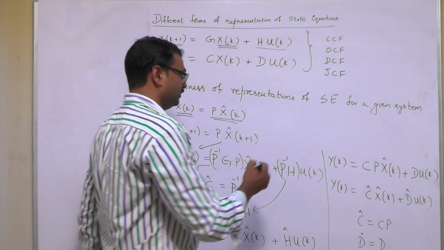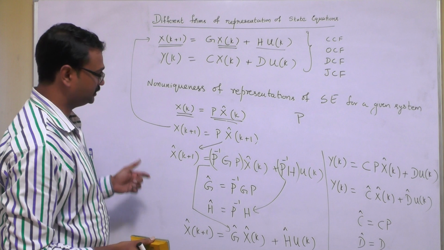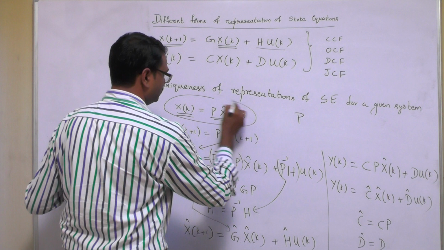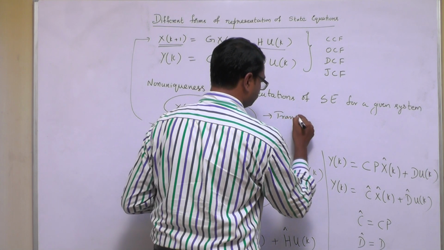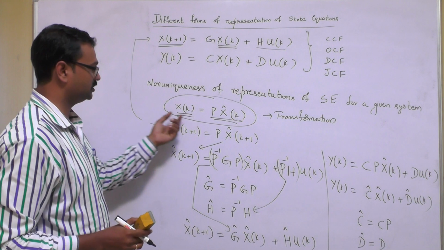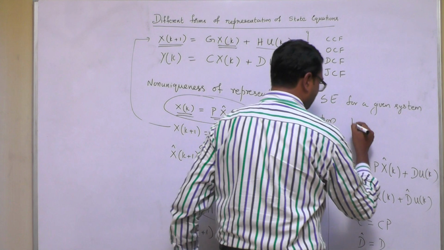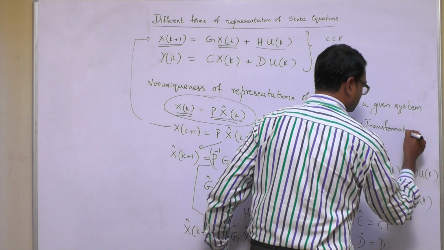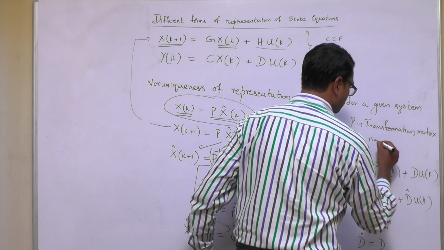So if you have P, you can see what the various equations are that we are getting. Non-uniqueness with this transformation, that is x(k) is equal to P into x̂(k), where P is the transformation matrix which is non-singular.